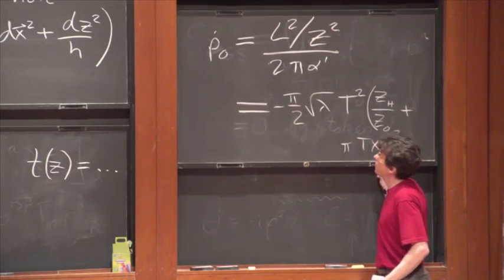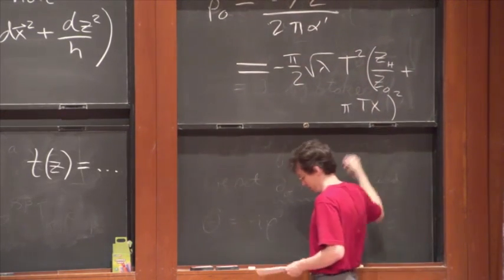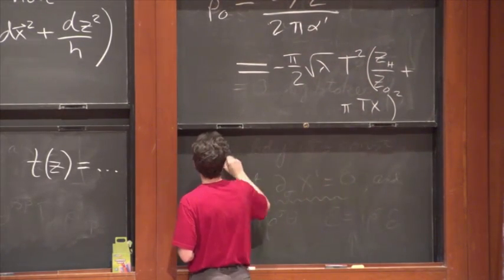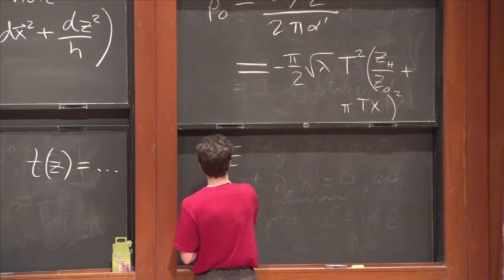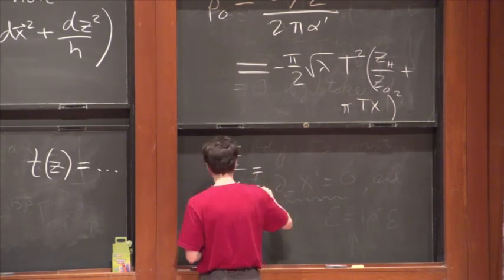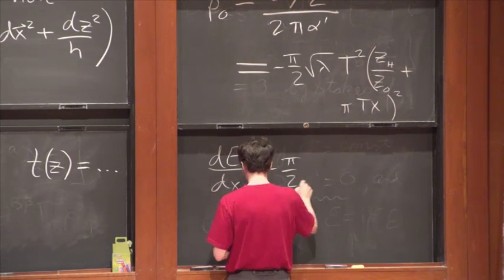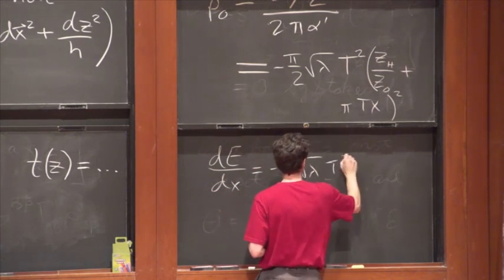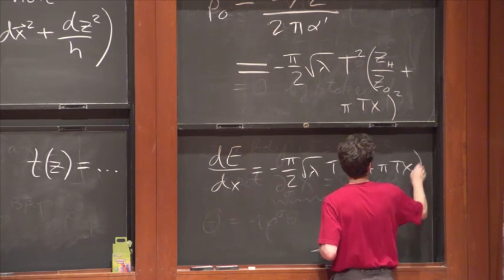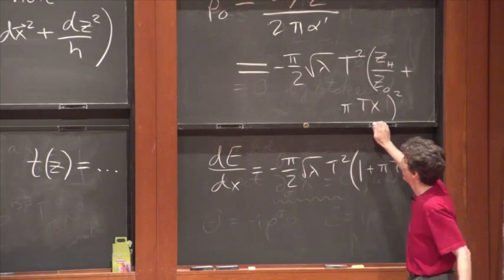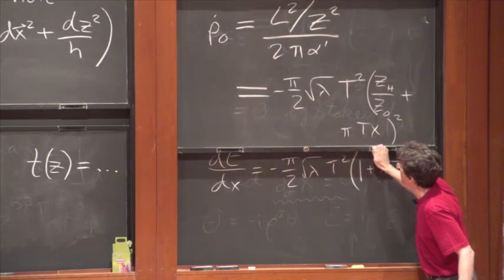And it's by doing that that I finally arrive at my formula: dE/dx equals minus pi over 2 root lambda T squared, 1 plus pi T x squared. And I'm just a tiny bit confused about signs here.